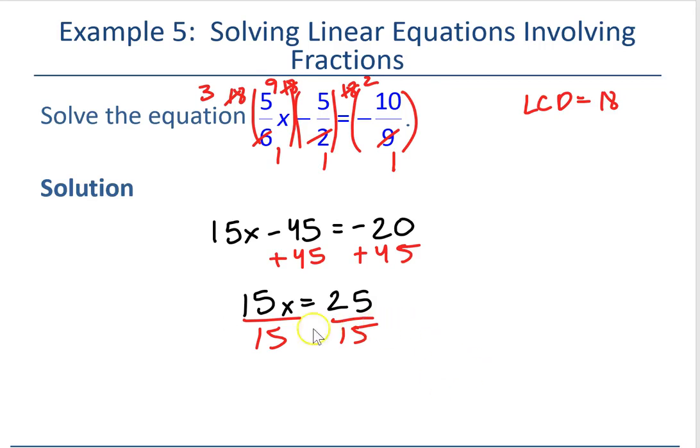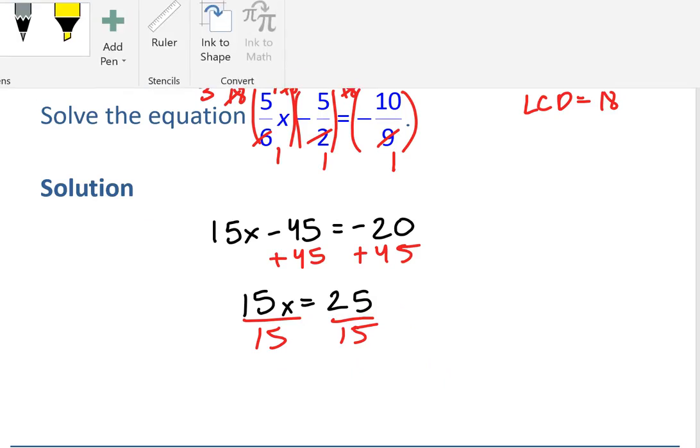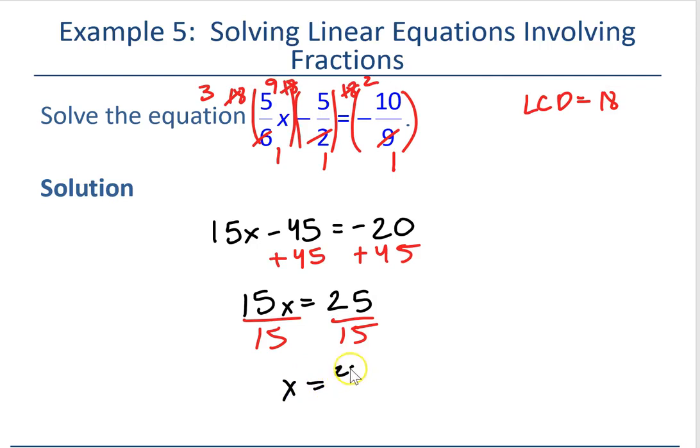So you want to make sure that you just reduce this in fraction form. Don't do it as a decimal. So here you're going to get x equals 25 over 15, which you will notice will reduce to 5/3, which you can come back in and check and make sure that that works out just fine. You can plug that back in, which we won't do, but it will work.